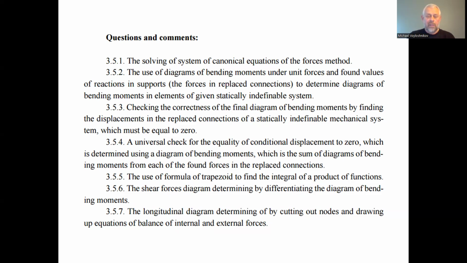But first of all, we have to correct the diagram of the bending moments of the mechanical system under the action of the unit forces, because after the decision of the canonical equations we have the magnitudes of the support reactions, and they are not unit, so we have to proportionally correct the diagram of the bending moment of unit forces to have the diagram of bending moments under the action of the found magnitudes of the support reactions.